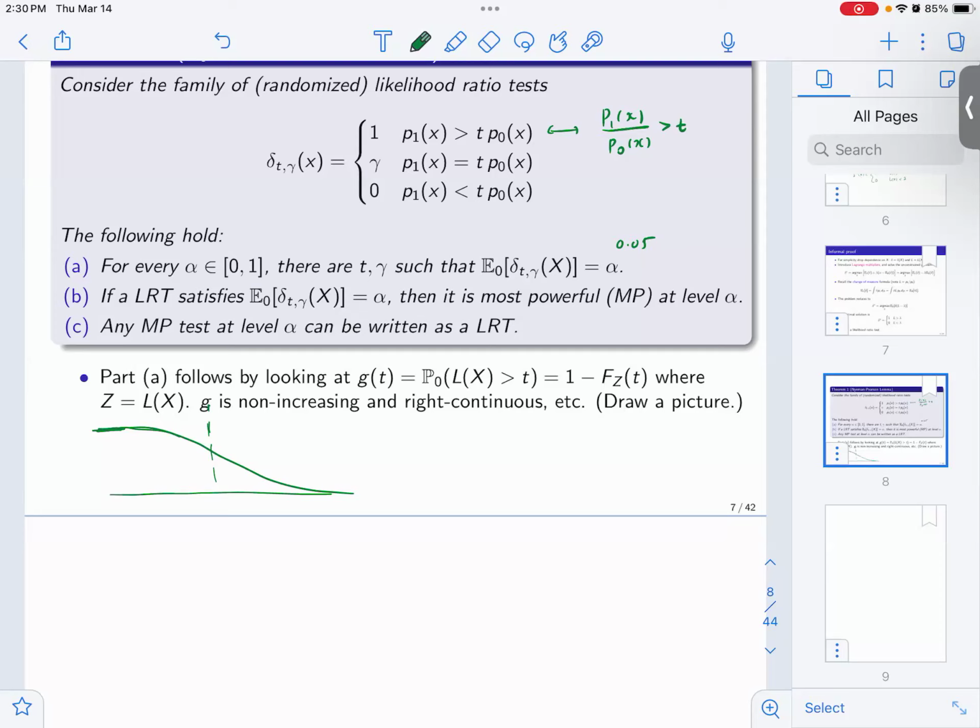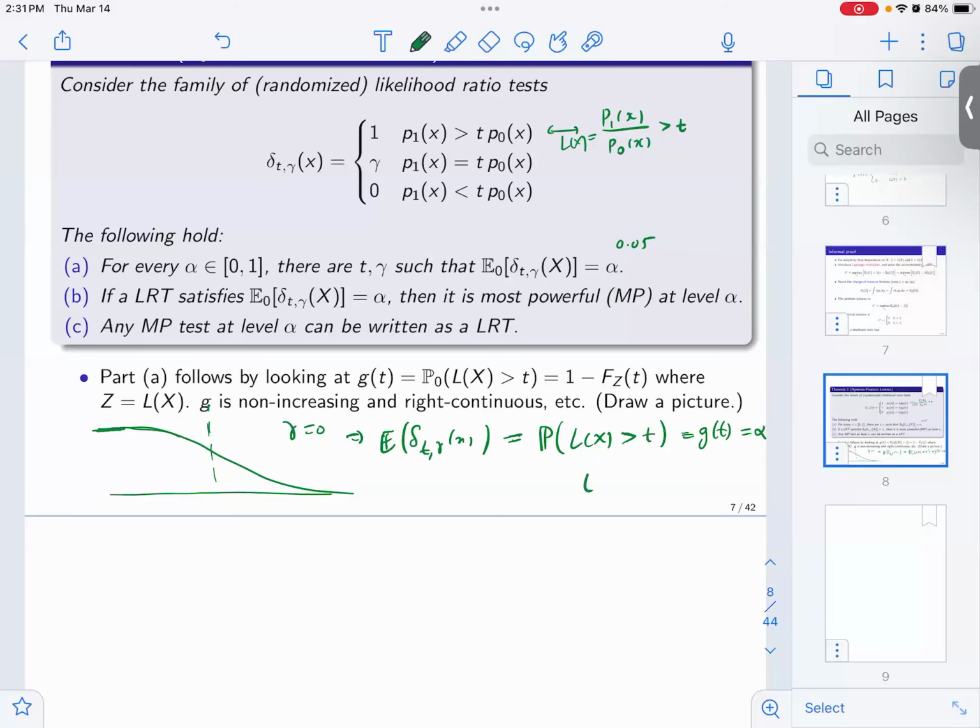Why? Because I want to achieve this. This is doable if I set gamma equal to 0. In that case, the expectation would be just the probability that L of X is bigger than T, which is this function, G of T. So I really want to set G of T equal to alpha.